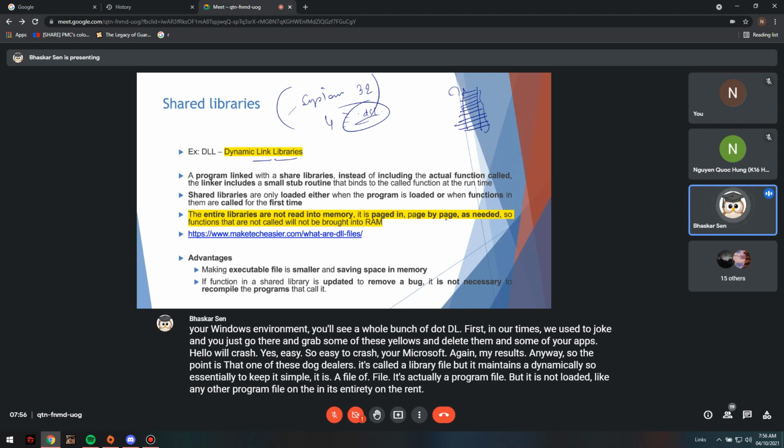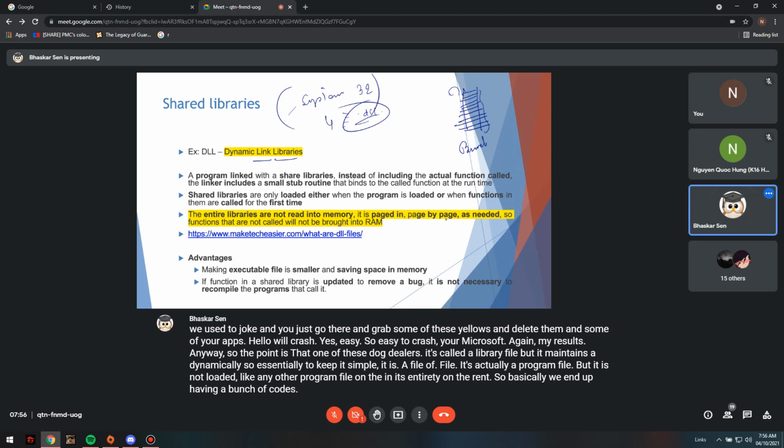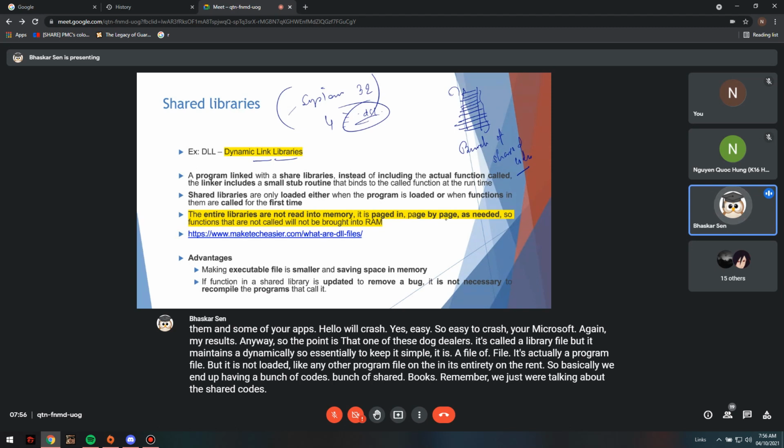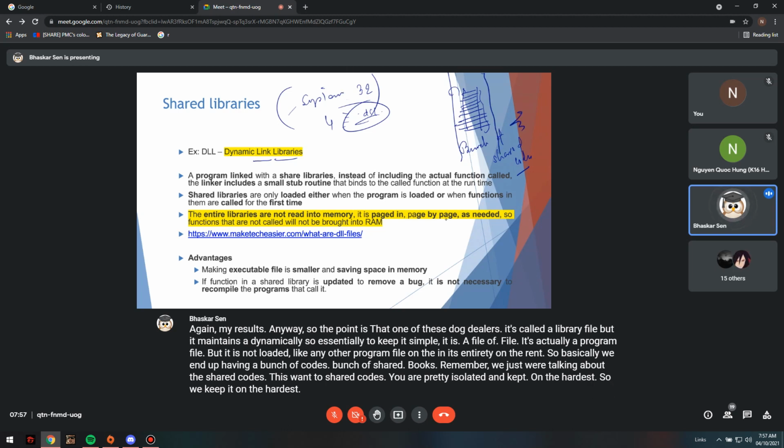So we end up having a bunch of shared codes. Remember, we just were talking about the shared codes. This bunch of shared codes are pretty isolated and kept on the hard disk.